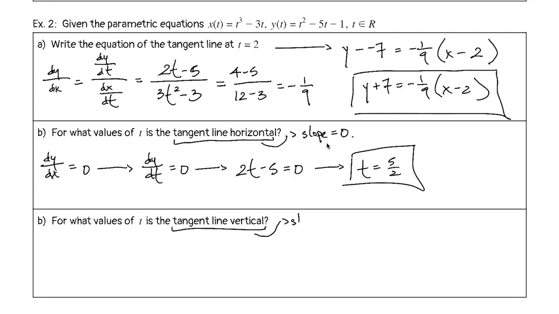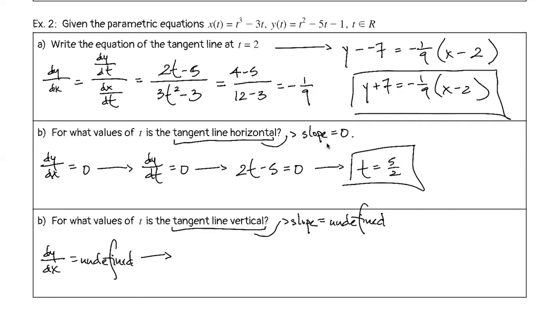Okay, but when we're looking for a tangent line being vertical, we're really looking for the slope to be undefined, okay? Now, if the slope is undefined, that means that dy/dx is undefined.